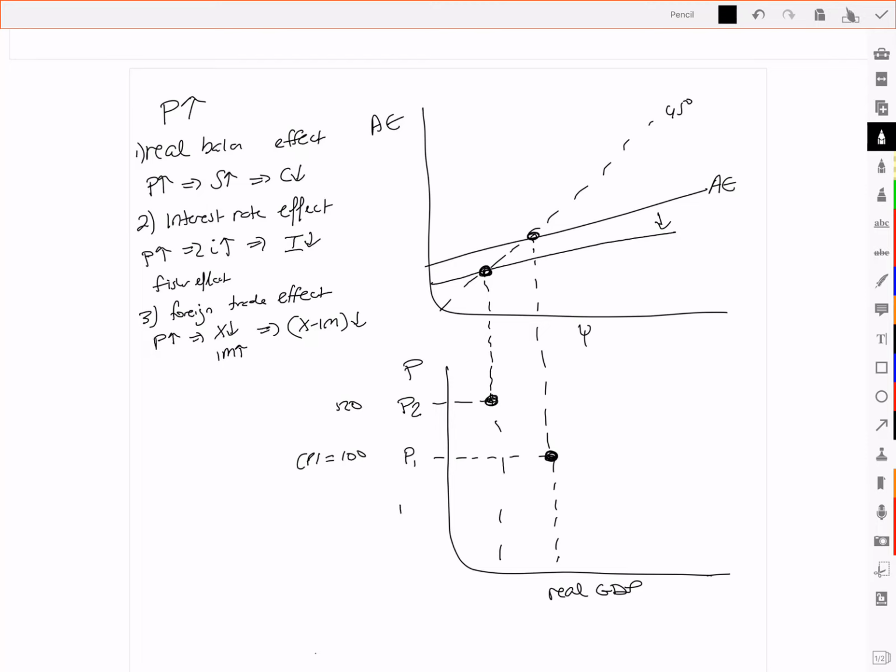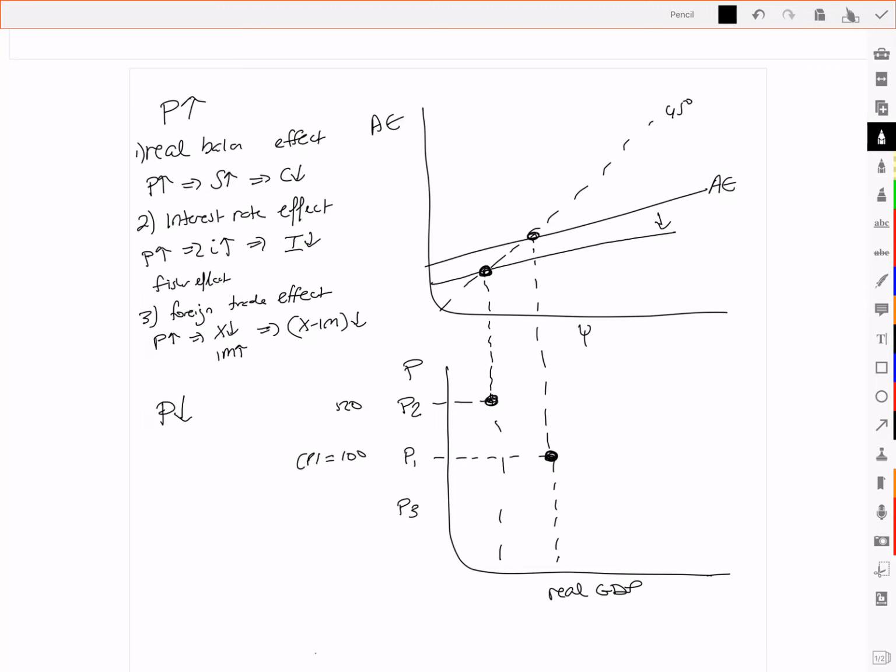Well, what if the price falls? What if the price goes down instead? According to the real balance effect, when the price goes down, then the money in our savings will go further, so we don't have to save as much, which means we can consume more.